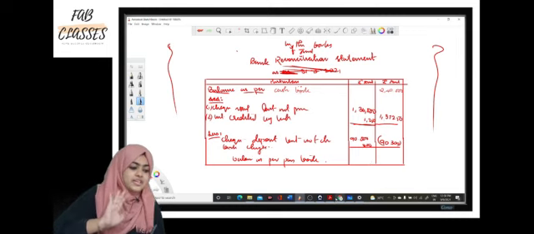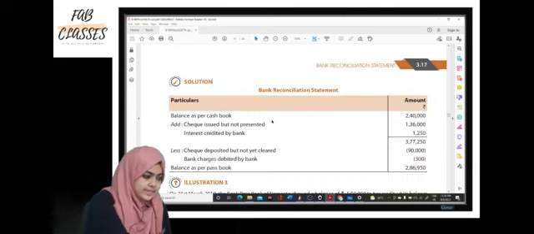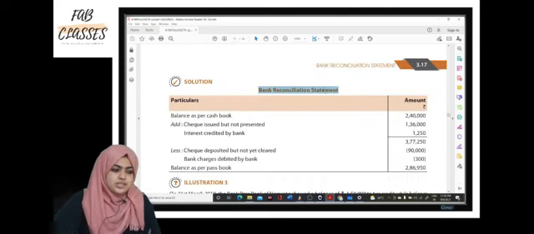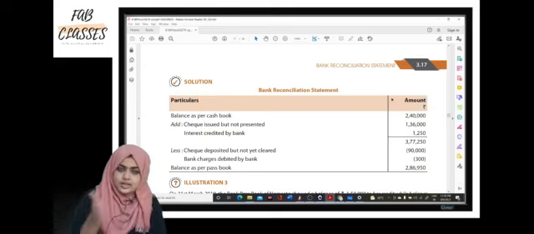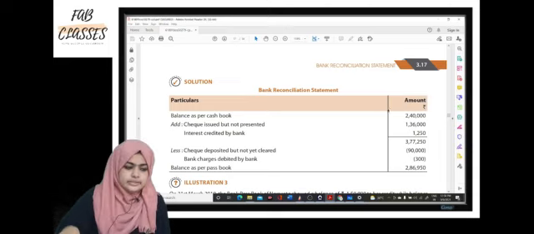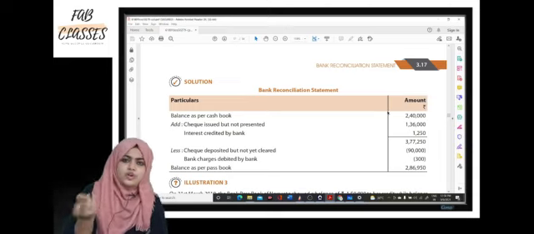Now let's see whether what we have done is right or wrong in the material itself. Look, bank reconciliation statement, particulars. They did not draw the inner and outer amount columns. They have already given a single amount column, but for better clarity and presentation, you can give both columns, inner and outer.